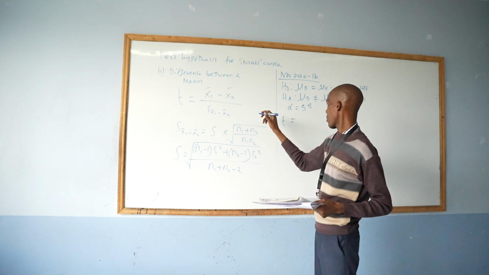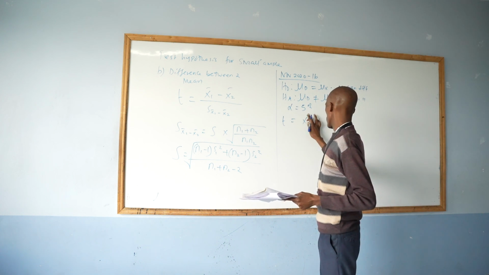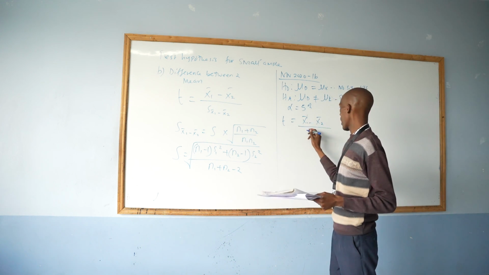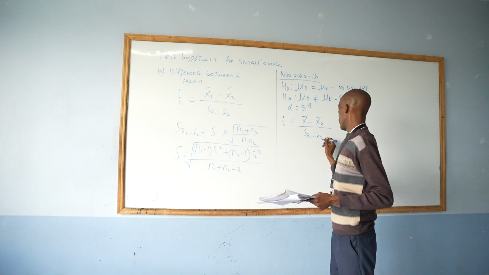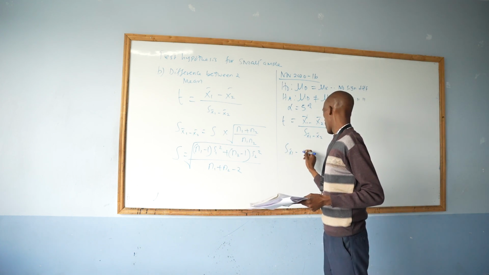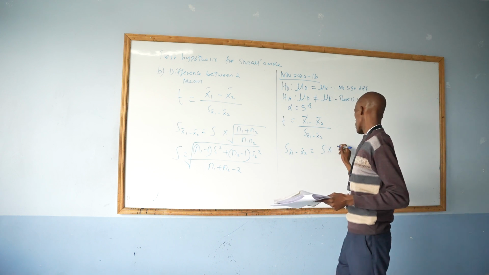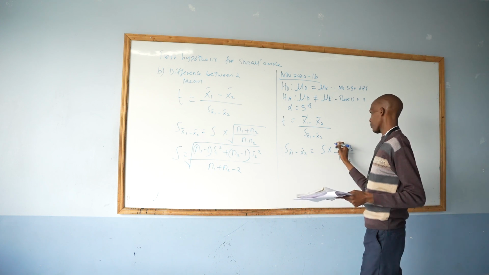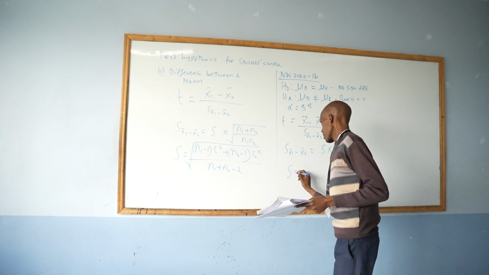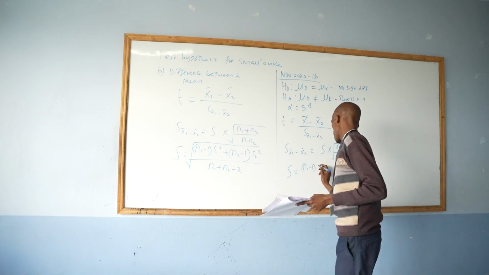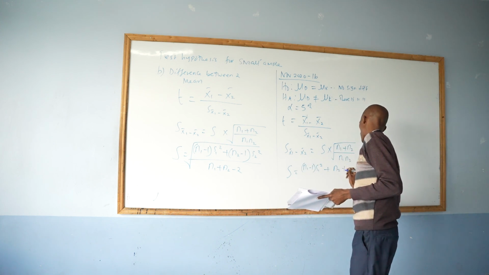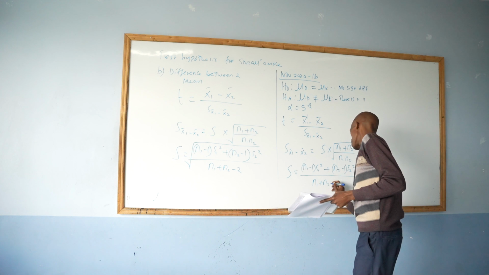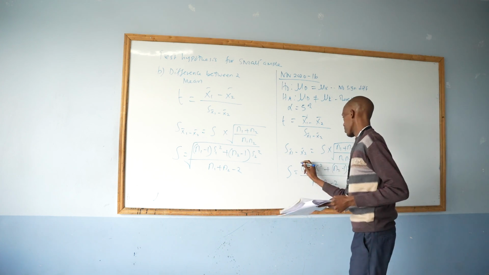We use this formula: t equals the difference of the means x1 minus x2, divided by the standard error, which is s times the square root of (n1 plus n2) divided by (n1 n2). And s is given by (n1 minus 1)s1 squared plus (n2 minus 1)s2 squared, divided by n1 plus n2 minus 2, the degree of freedom.